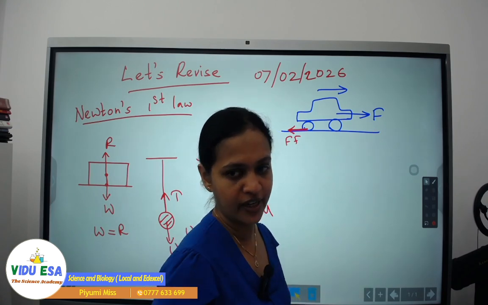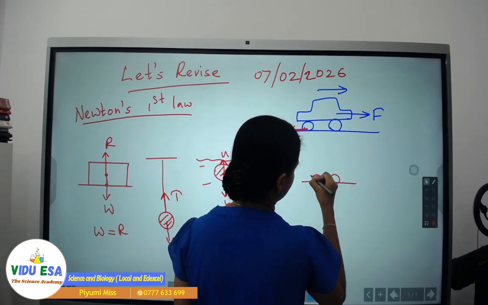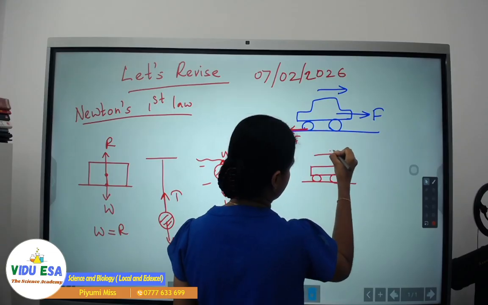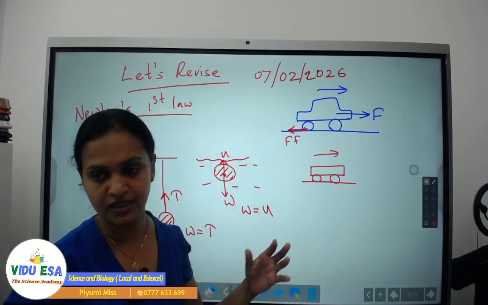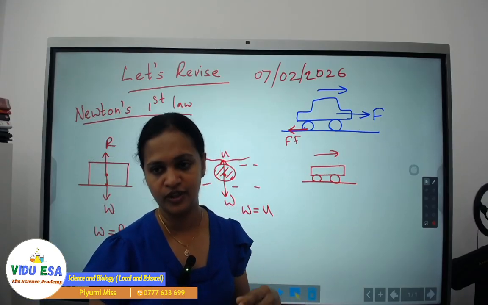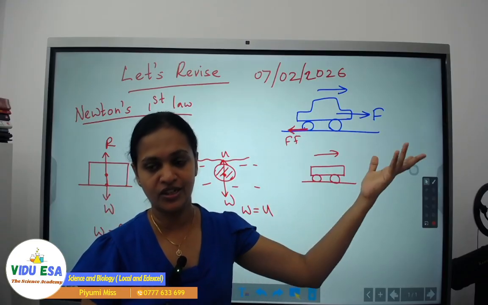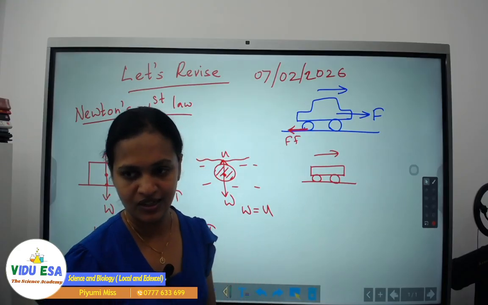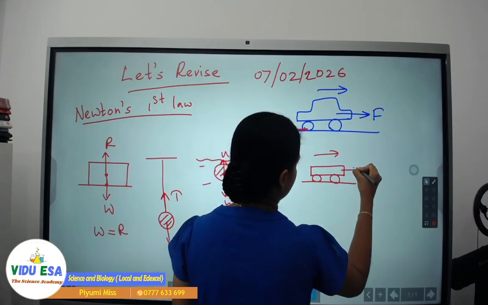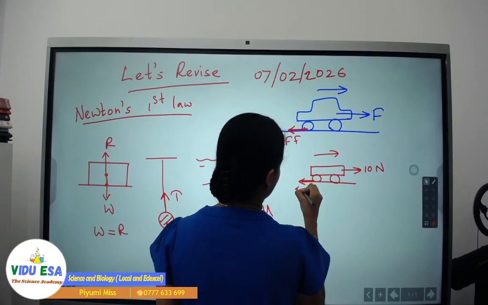What happens if an unbalanced force is applied towards the direction of motion? Now, this is the direction of motion. An unbalanced force is applied. To find the unbalanced force, you have to take the difference between the two forces. So, the direction of the equivalent force will be the direction of the higher force. Here we put 10 Newton, and here it is 4 Newton.